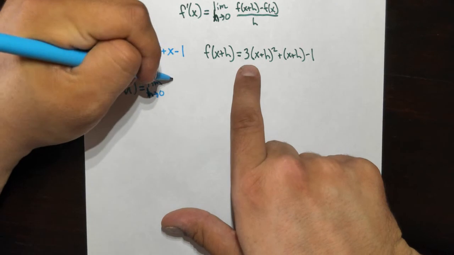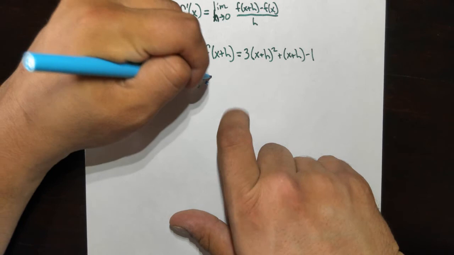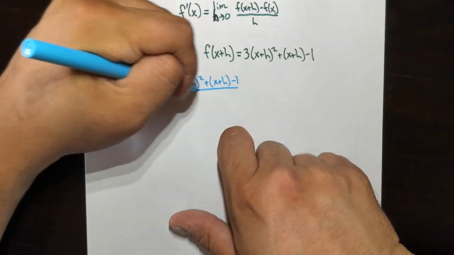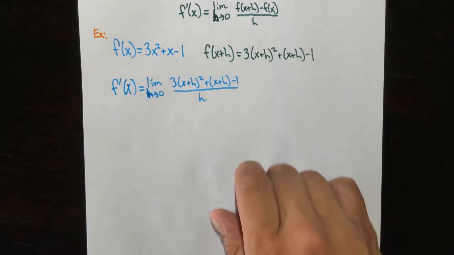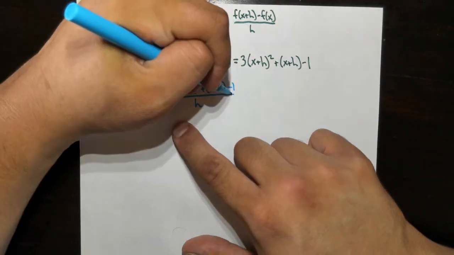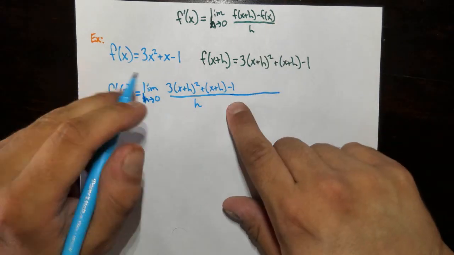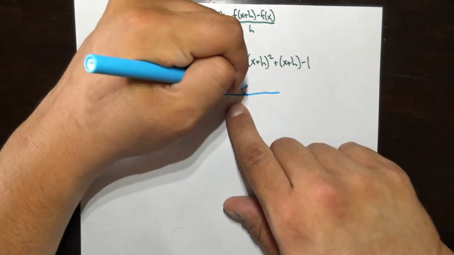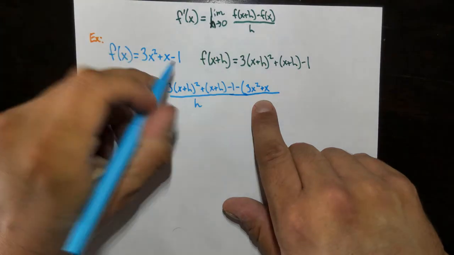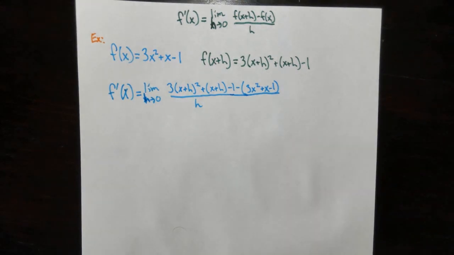So it's going to be 3 times (x plus h) squared plus (x plus h) minus 1, all divided by h. And it's so long I forgot the f of x. It's minus f of x. So minus (3x squared plus x minus 1). Okay, now we have our f of x plus h minus f of x over h.